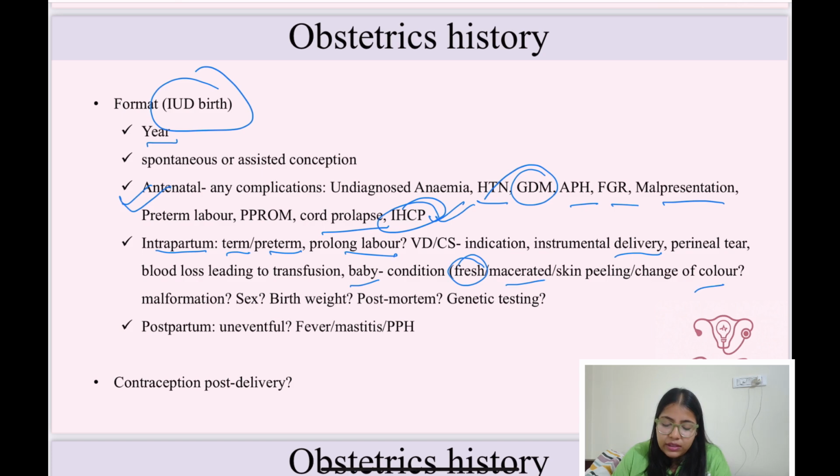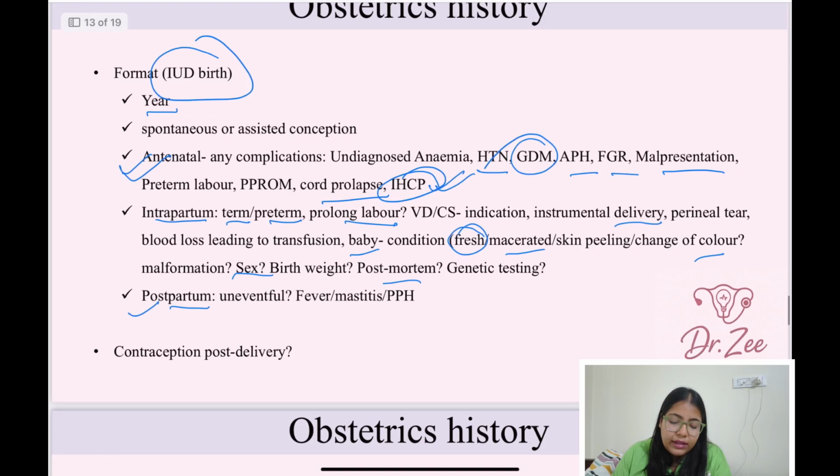You should ask if there was any congenital malformation in the baby, if autopsy was done or not, and if any genetic testing was done for the baby. And similarly, postpartum period, eventful or uneventful. And after each delivery, you should ask if the patient had taken any contraception or not.